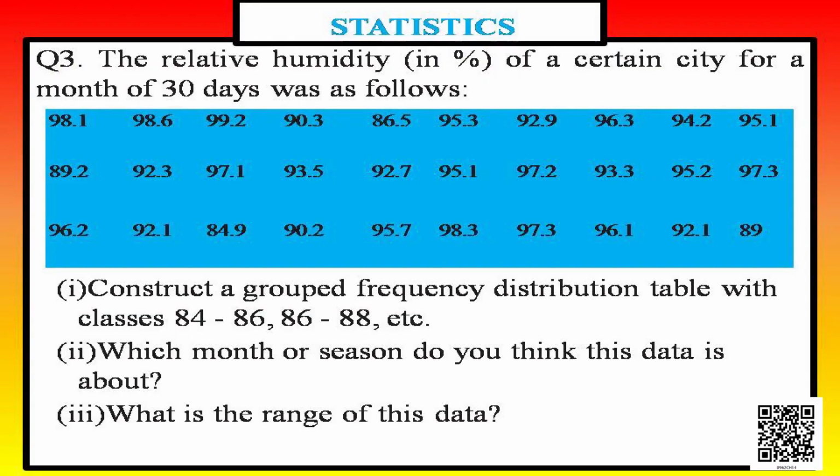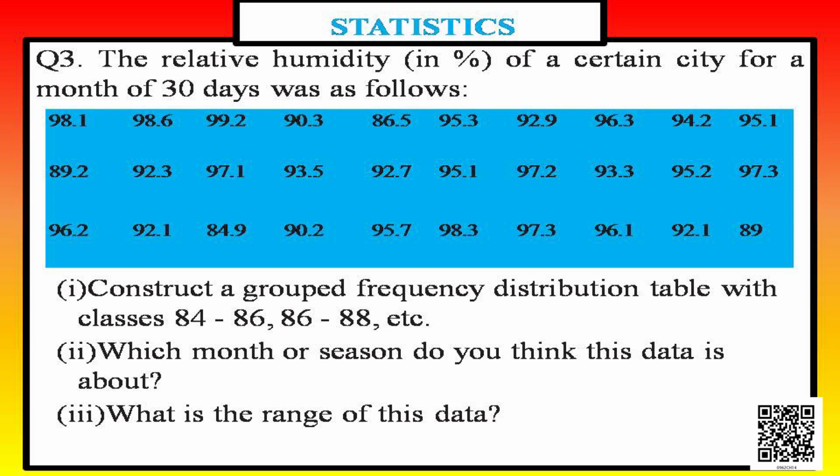Next is question number 3 of exercise 14.2. The question says the relative humidity in percentage of a certain city for a month of 30 days was as follows. It is given as 98.1, 98.6, 99.2 and so on, and the last one is 89.